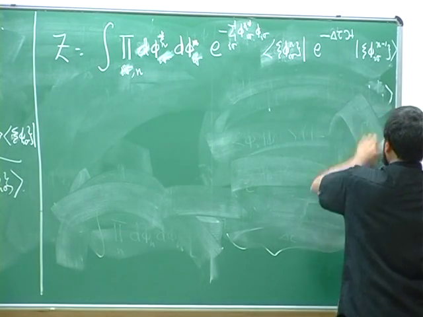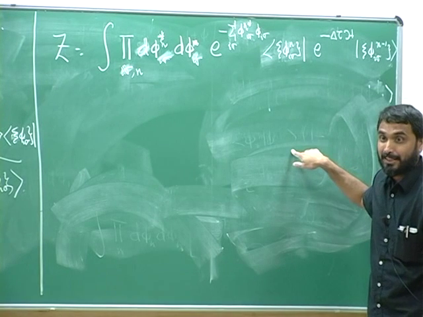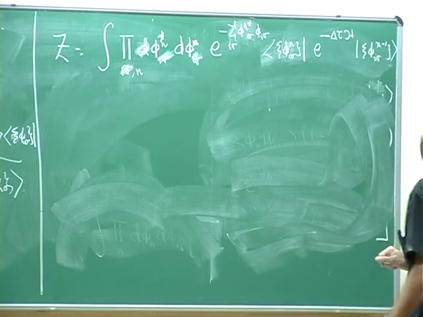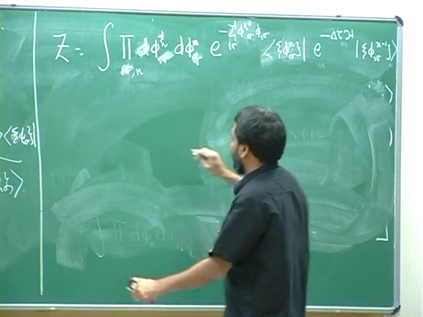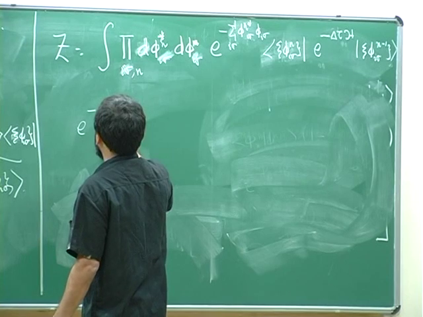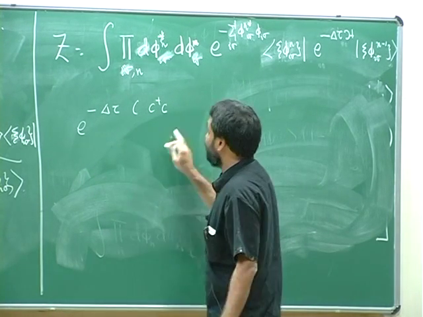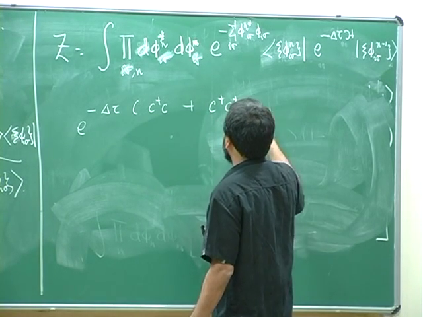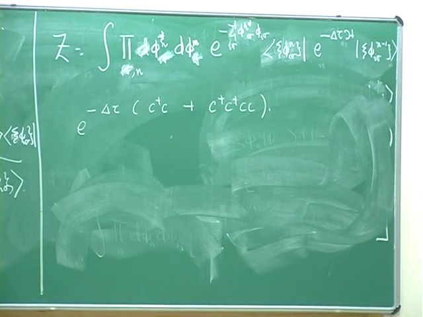Okay. Now it turns out that in going from here to the next step, you have to make one more little trick. So what you have to do is, this is an operator. So that operator will have several terms, right? So it has minus delta tau. For example, it will have a C dagger C kind of term, and then a C dagger C C kind of term coming from this guy, right?